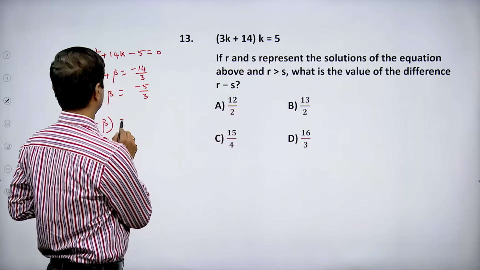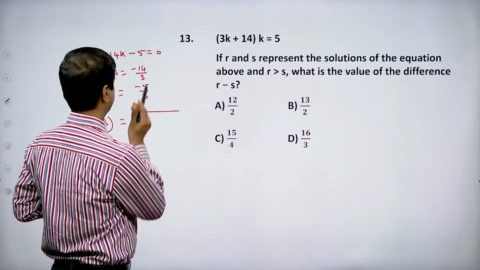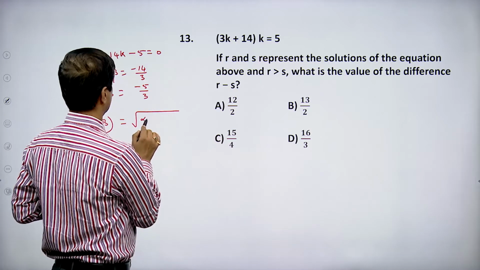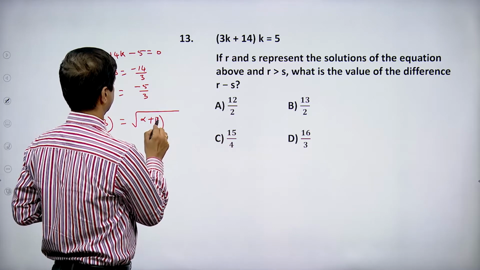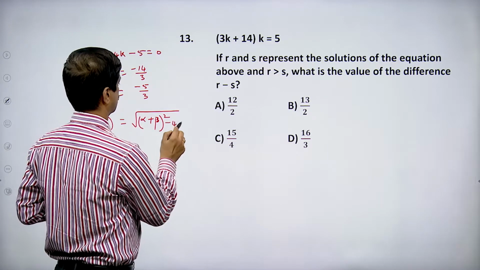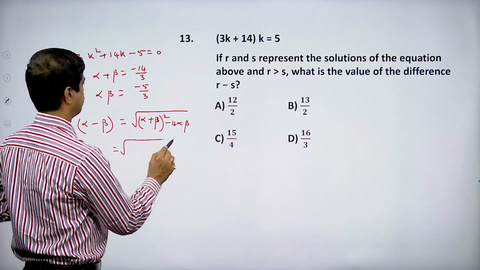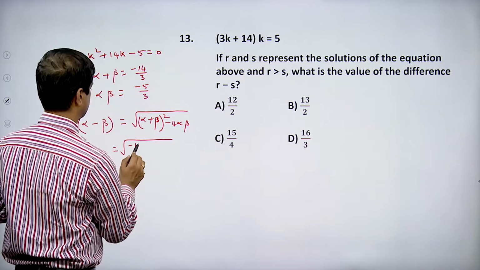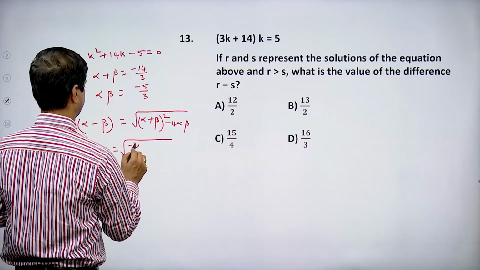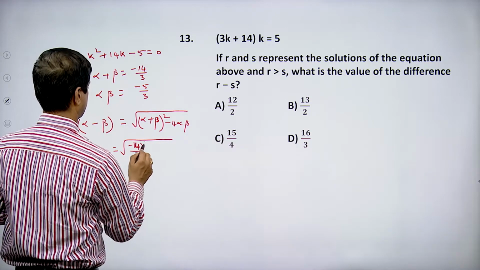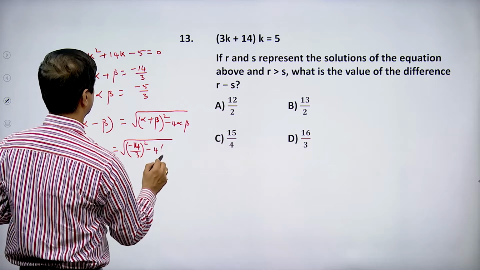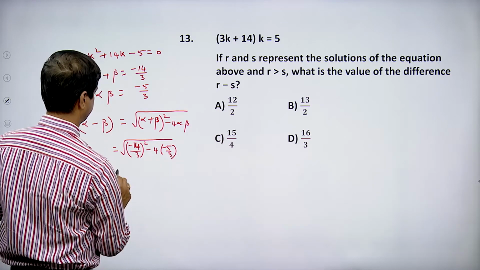So alpha minus beta is root of alpha plus beta whole square minus 4 alpha beta. This is the formula. So alpha plus beta is minus 14 by 3, minus 4 into alpha beta, which is minus 5 by 3.